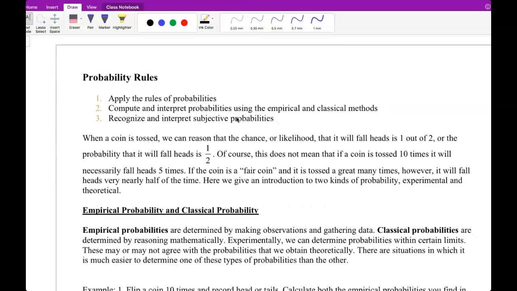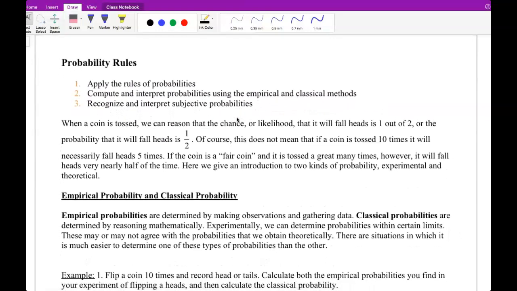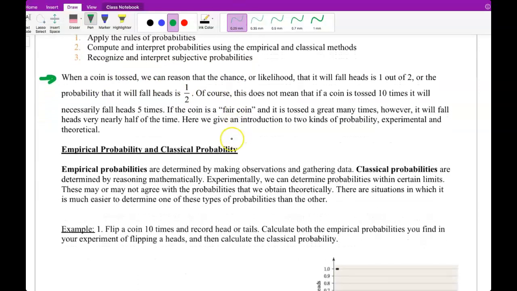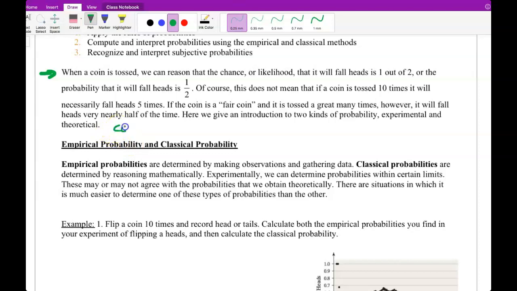Okay, on this part we have probability rules. Here we're gonna use a coin, and using any coin toss, we have two possibilities.